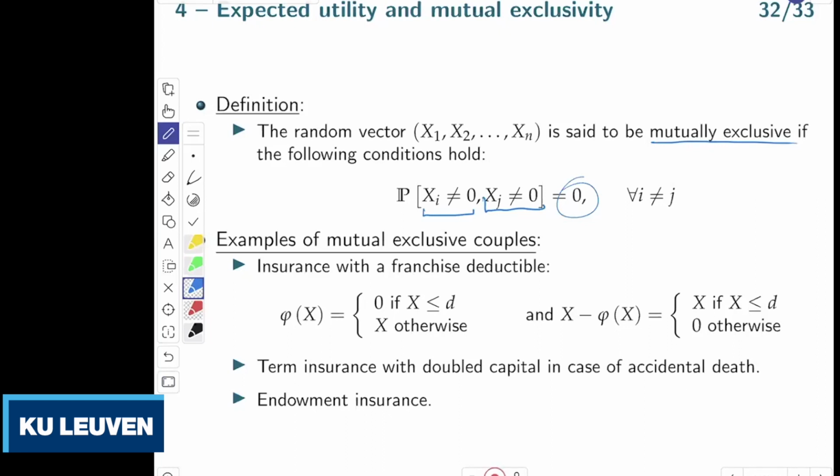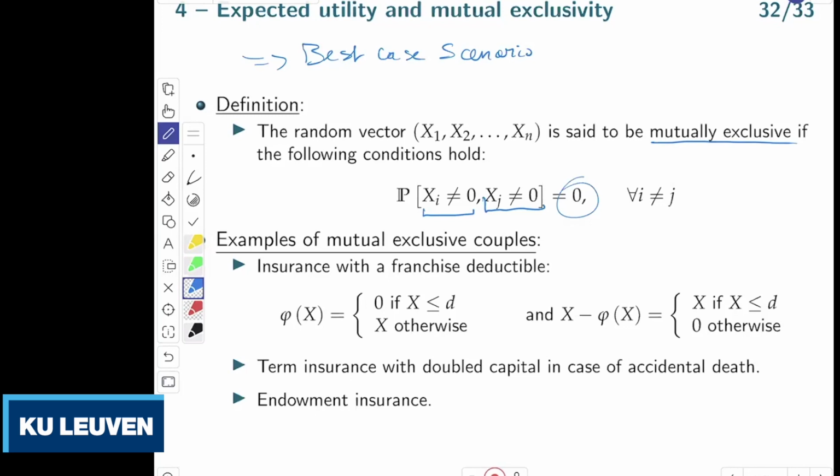So in that sense, mutual exclusivity is what we call the best case scenario. The worst case scenario is if with probability 1, everything will be very positive at the same time.